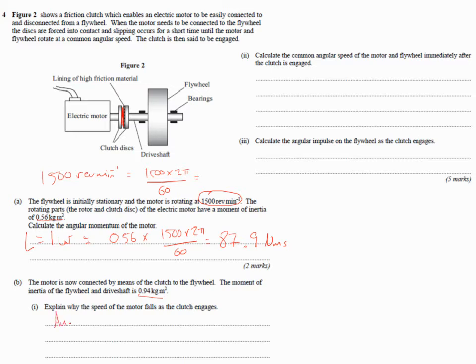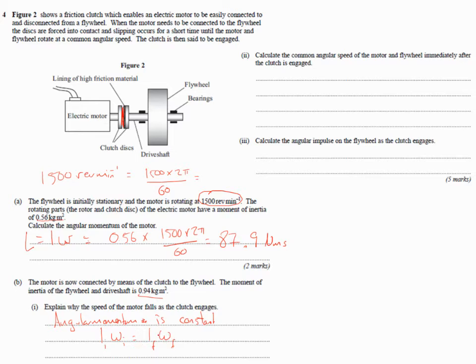So angular momentum, just like regular momentum, is the same before and after. So I initial omega initial is going to be equal to I final omega final.